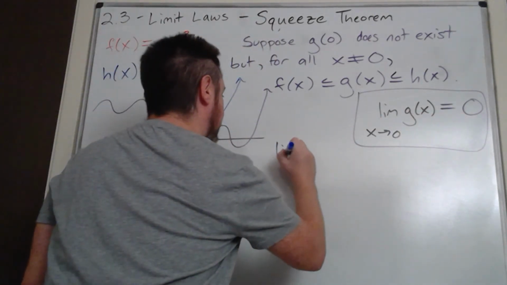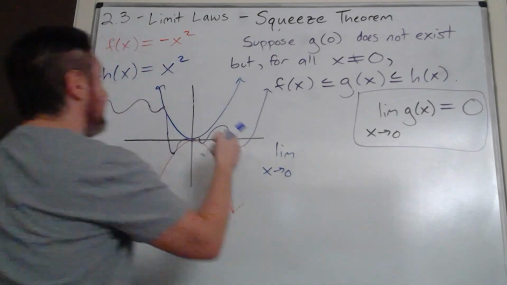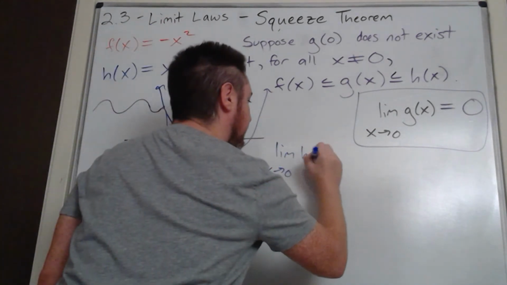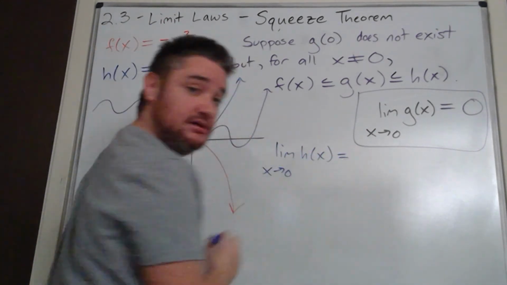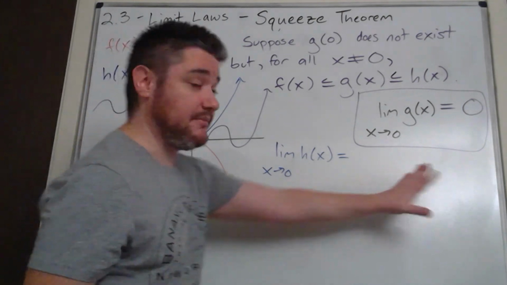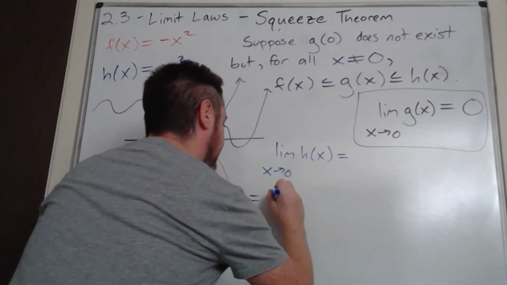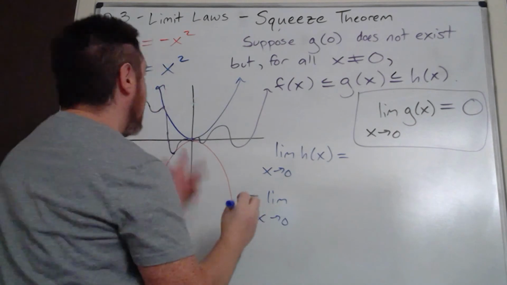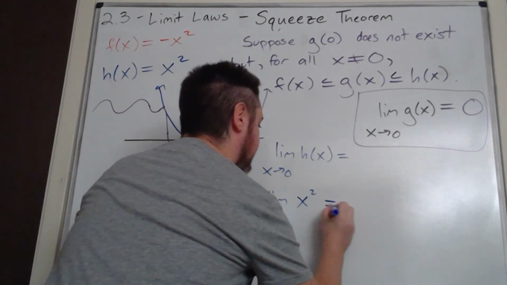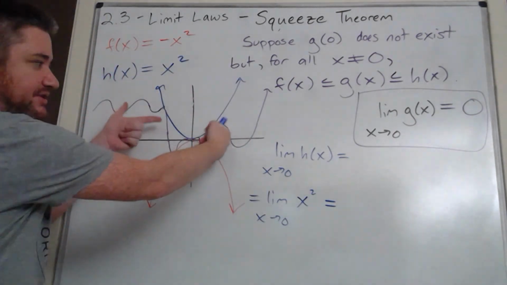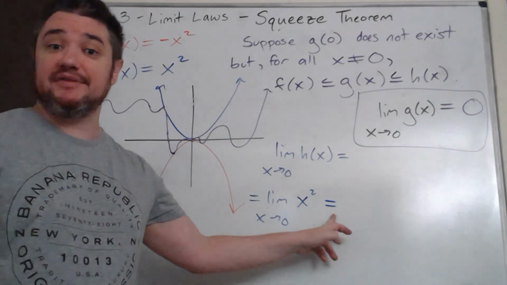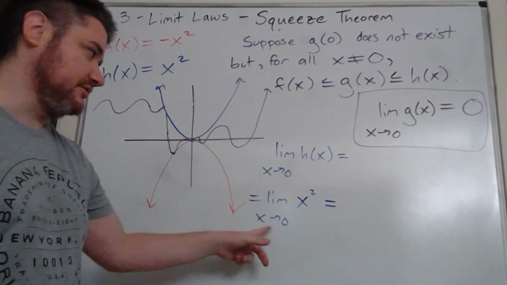So if I said what's the limit as x approaches 0 for h of x, I know I have sunlight on my board, that's really just the limit as x approaches 0 of x squared, right? And at this point, I don't really have to concern myself with the left and right hand side. Let's use one of the limit properties we did earlier, direct substitution.